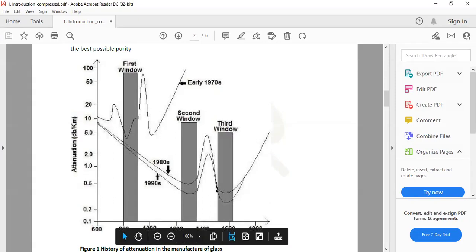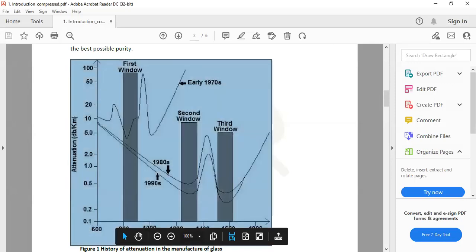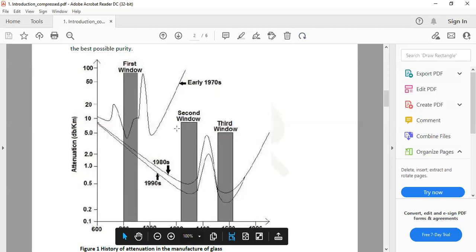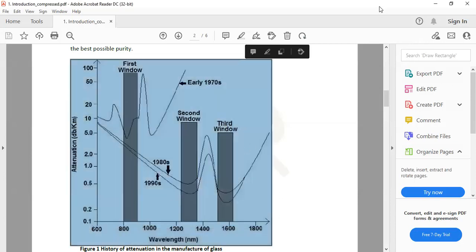Let me try to do this. Skipping to. What are the range of wavelengths and the lowest attenuation up? New. Oh, yeah.